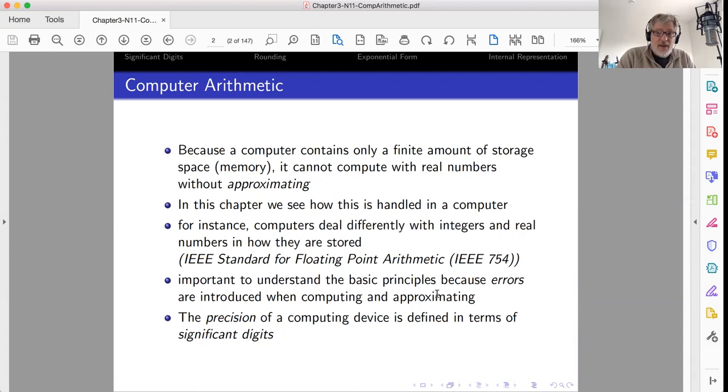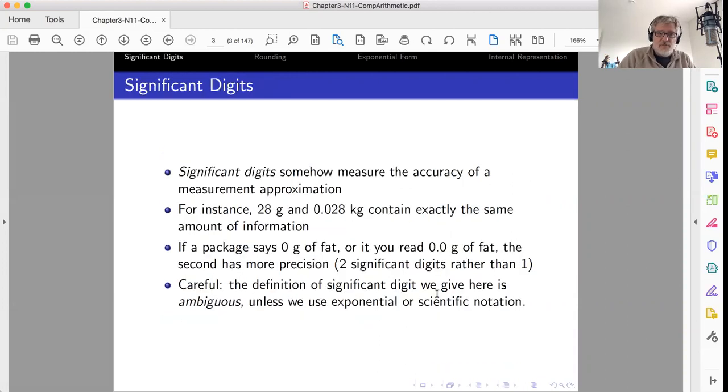Because there are errors that can be introduced when you're approximating and when you're computing with approximations, it's important to understand the basic principles. In particular, the precision of a computing device is defined in terms of significant digits, which brings us to this first basic definition of significant digits.